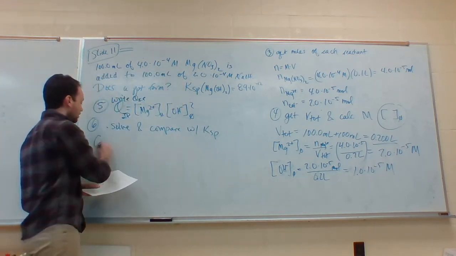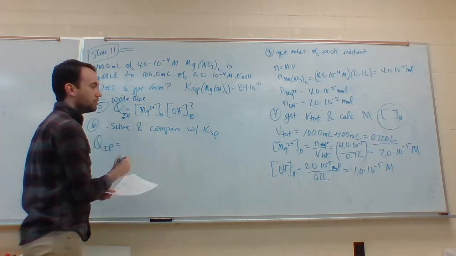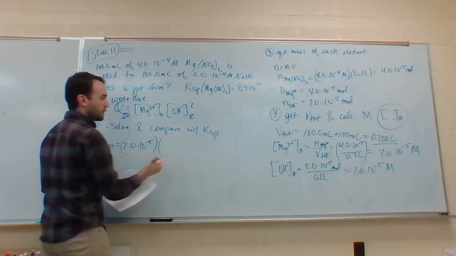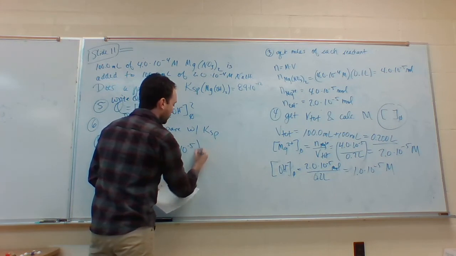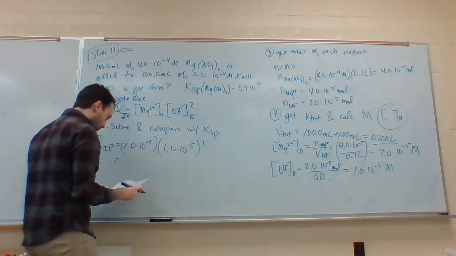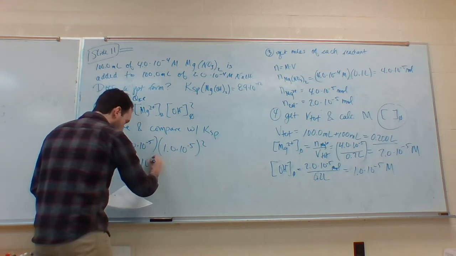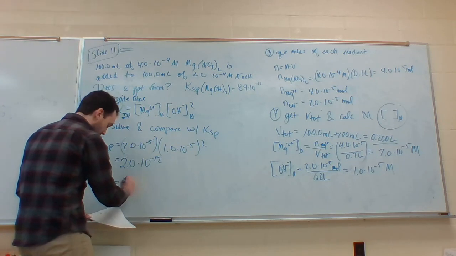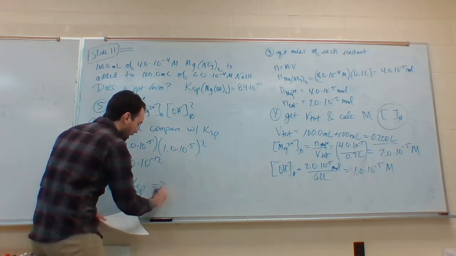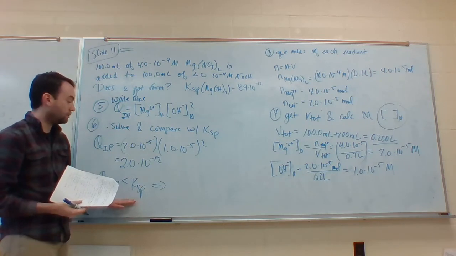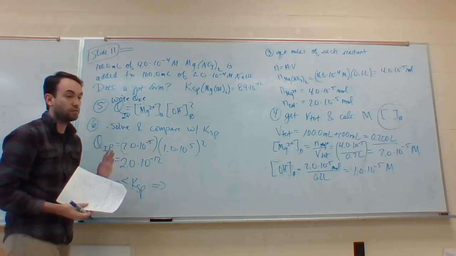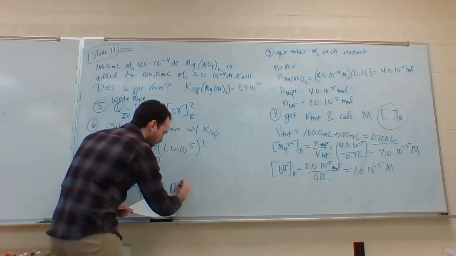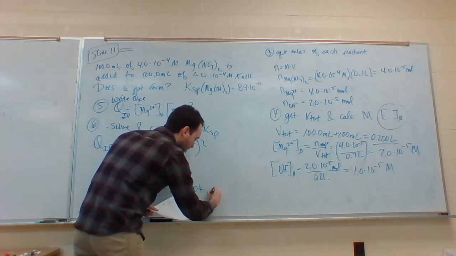So Q_IP is equal to 2.0 times 10 to the negative fifth times 1.0 times 10 to the negative fifth squared, which is equal to 2.0 times 10 to the negative 12th, which means that Q_IP is less than my Ksp. If it's less, then that means that it's going to favor the products, it's going to favor being dissociated. So that means that we have no precipitate formed.